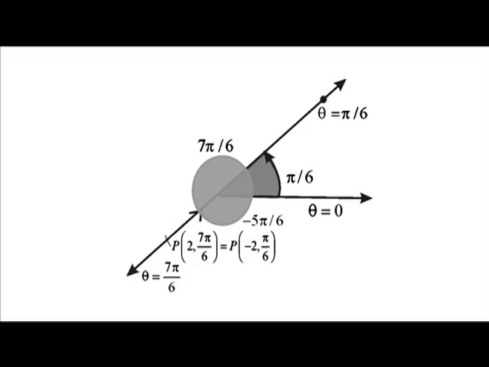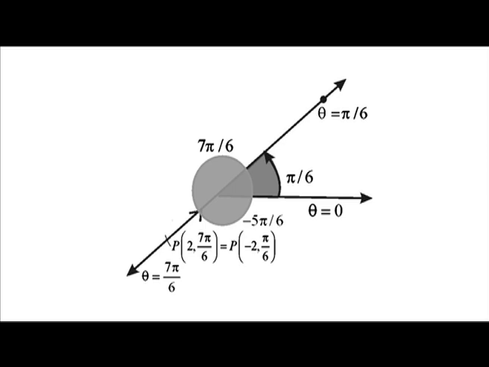We now give justification for the term directed distance. There are occasions when we wish to allow r to be negative in the ordered pair (r, θ). That is why we call r the directed distance of P from O. For example, the point P with polar coordinates (2, 7π/6) can be reached by turning 7π/6 radians counterclockwise from the initial line and going forward 2 units.